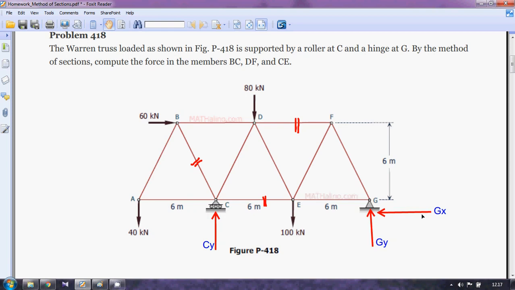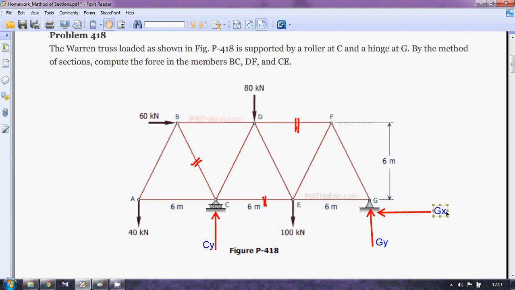It must resist the 60 kilonewton force, correct? So the 60 kilonewton force is acting in the positive x direction. So GX will obviously be 60 kilonewton, but in the opposite direction, because by the definition of reaction, it actually opposes the incoming load.